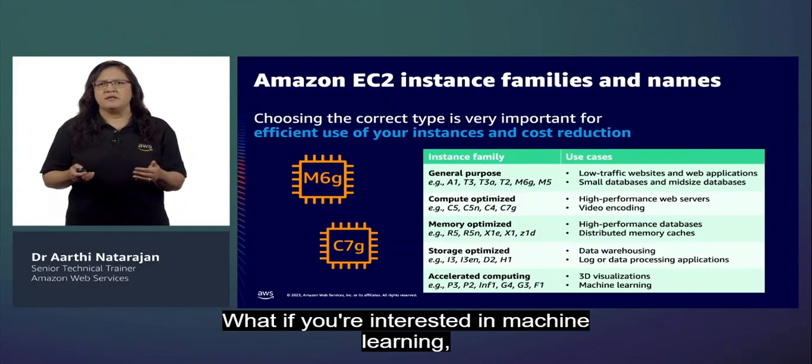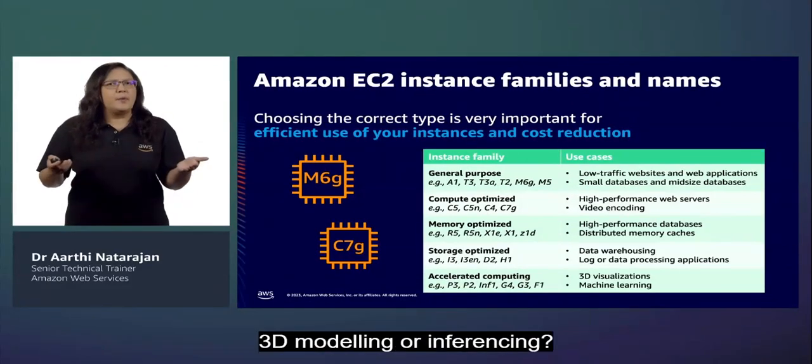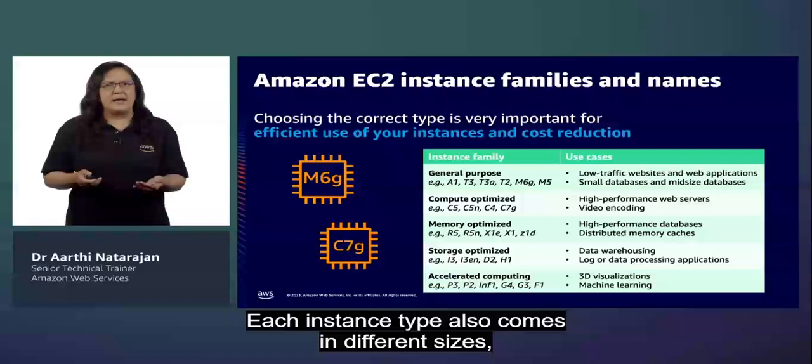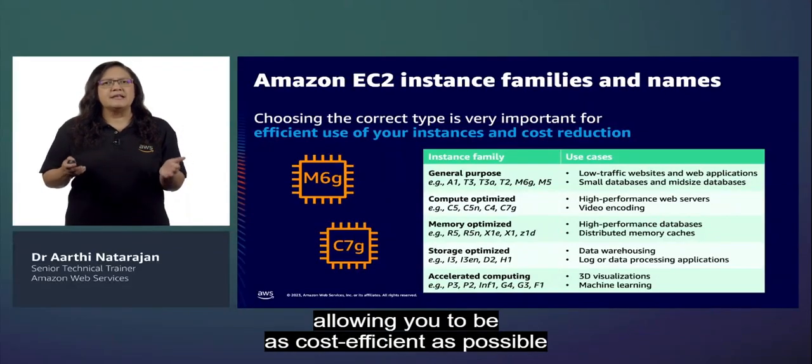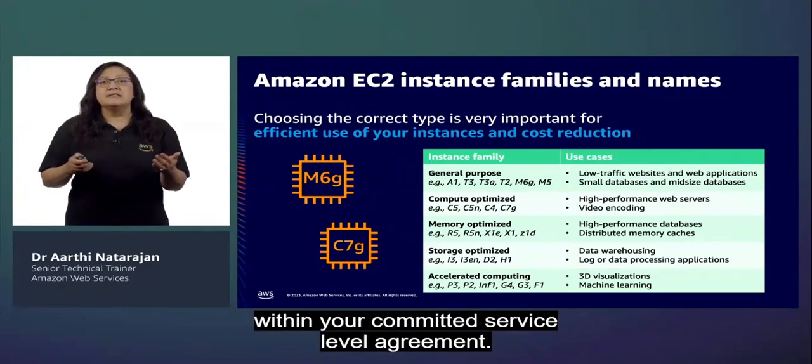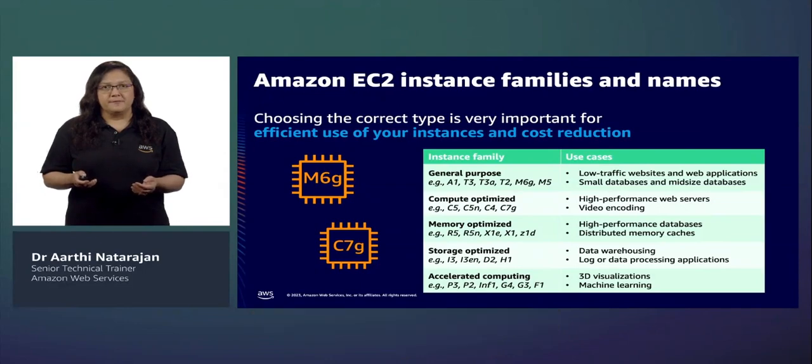What if you're interested in machine learning, 3D modeling, or inferencing? Choose an accelerated computing instance. Each instance type also comes in different sizes, allowing you to be as cost efficient as possible while still getting your work done within your committed service level agreement.